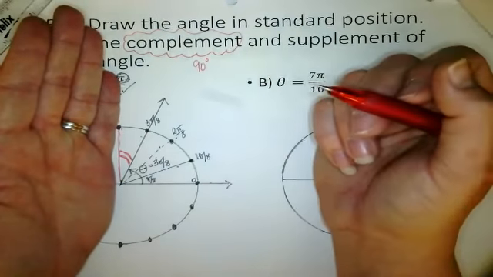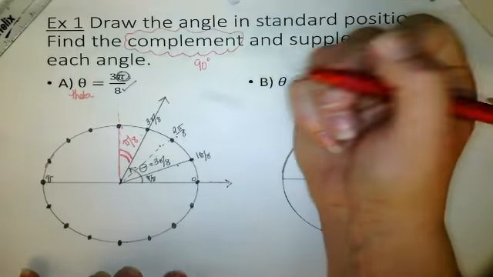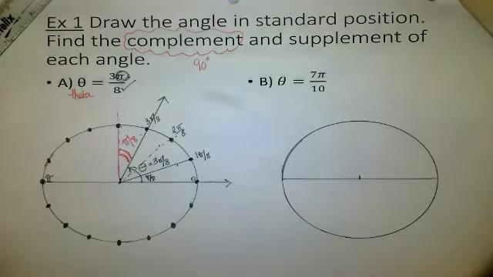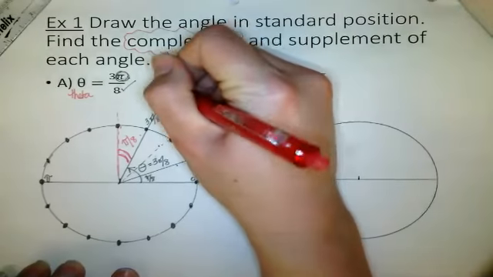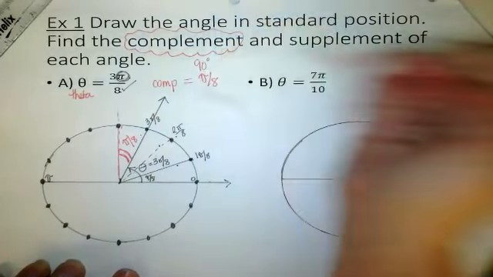How big is that? It's 1 pi over 8 size. Every wedge is the same size, they're all pi over 8. The complement is just 1 pi over 8.